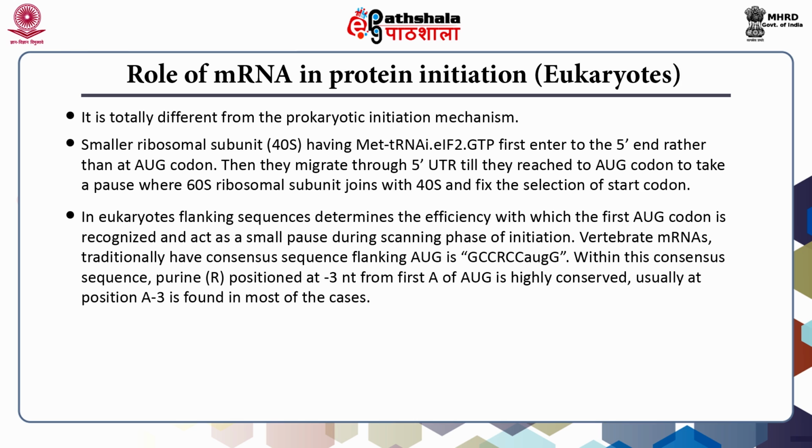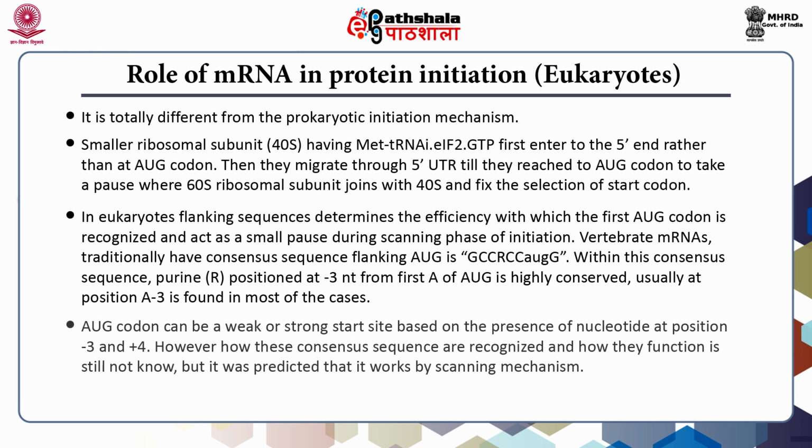Usually A at position minus 3 is found in most cases. An AUG codon can be a weak or strong start based on the presence of nucleotides at the downstream plus 4 or upstream minus 3 position. However, how these consensus sequences are recognized and how they function is still not known, but it was predicted that it works by a scanning mechanism.